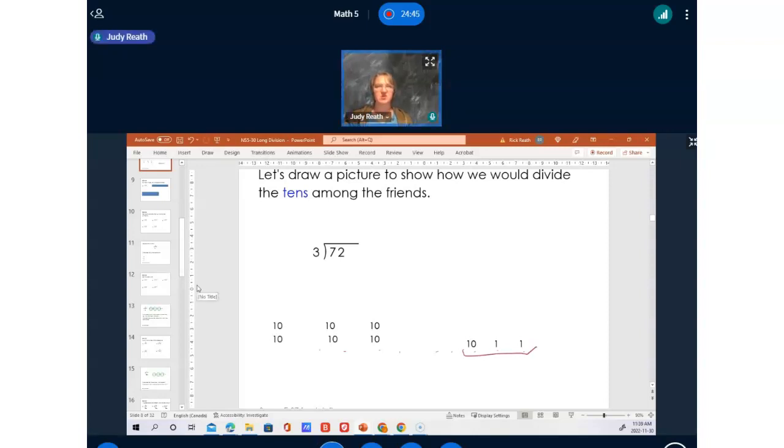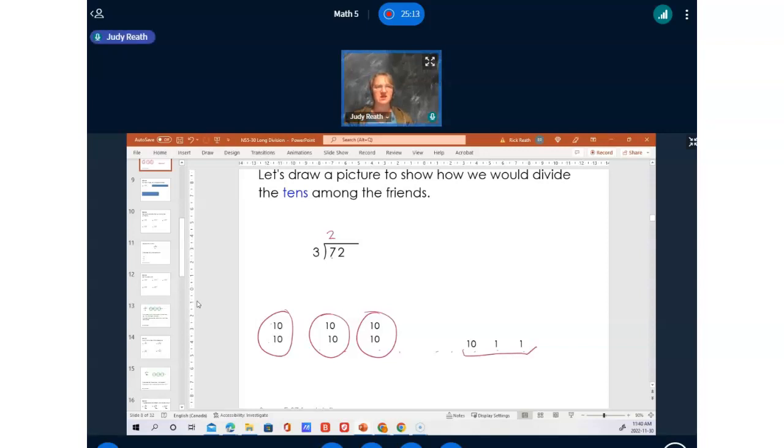Look at how we're going to put this notation. We've got 3 groups. 1, 2, 3. And we've got 2 sets of 10 in each one. So we're going to put the 2 up here. Sorry, because we were dividing 10s, right? And the 7 is in the 10s place.